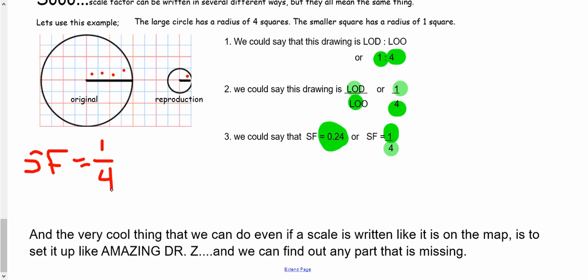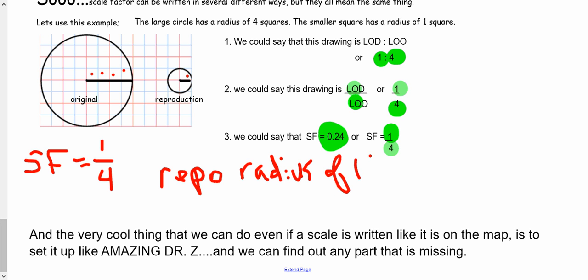Then let's say our reproduction circle has a radius of 16 squares. That doesn't even look like squares, but it says squares. So what do we do?